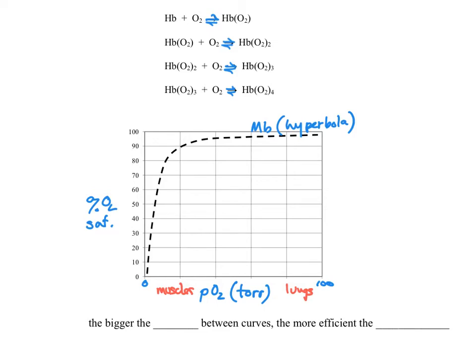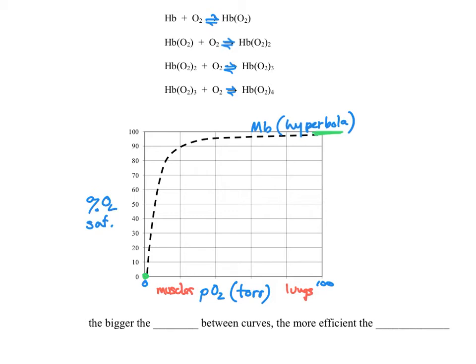Now, here's the critical part. What about hemoglobin? We'll do it in green again. What should its curve look like? Well, we know this. If you have no oxygen, it can't have any saturation. And we know that if you go to very high oxygen concentrations, you're going to have 100% saturation. But here's the tough part.